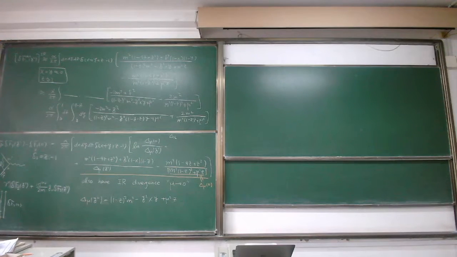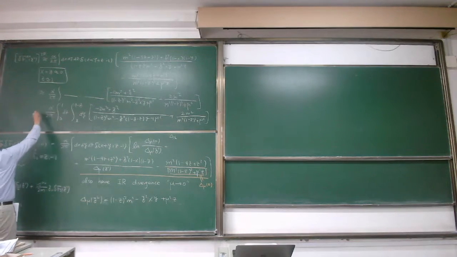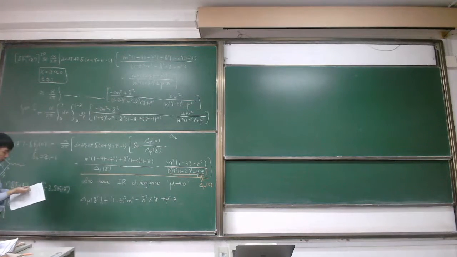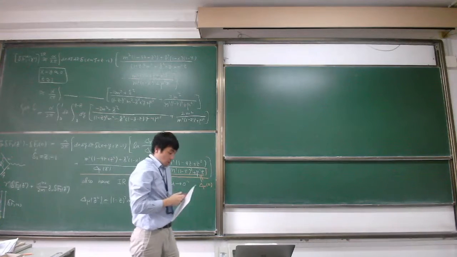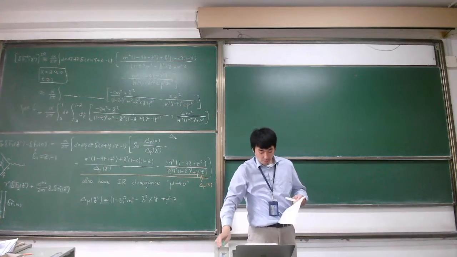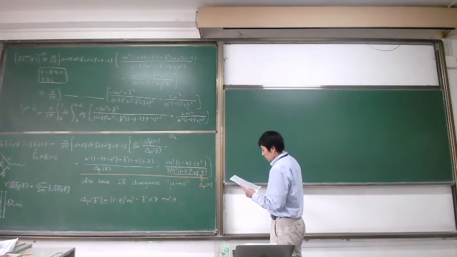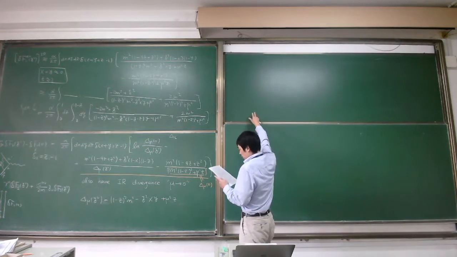Okay, so that's what we have. From here to here, we just perform the x integral, and then make the following change of variable, and we will get the following expression.